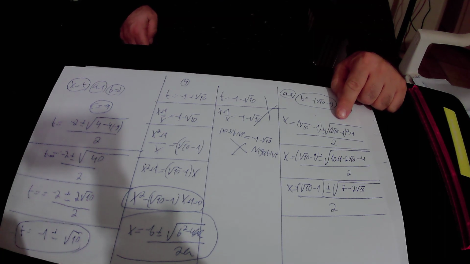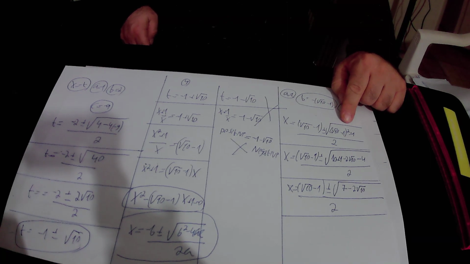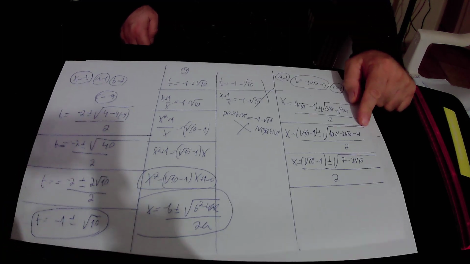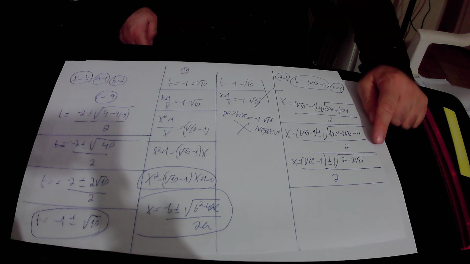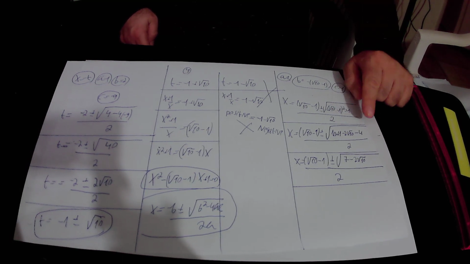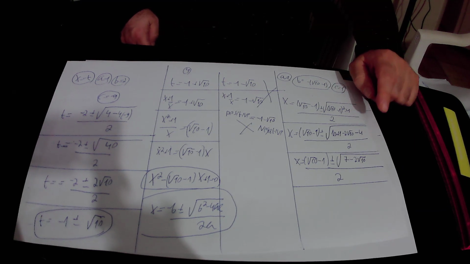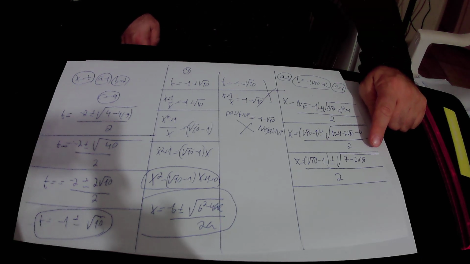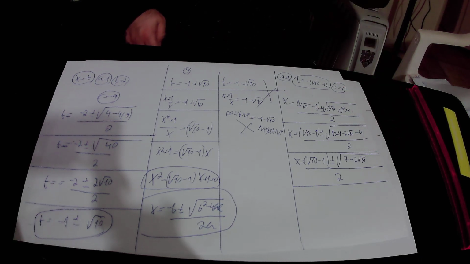We found that a squared is square root of 10 squared, which is 10, plus b squared is 1 squared, which is 1, minus 2 times square root of 10, minus 4, over 2. 10 plus 1 is 11, 11 minus 4 is 7. So what is left inside the root is 7 minus 2 times square root of 10, all divided by 2.